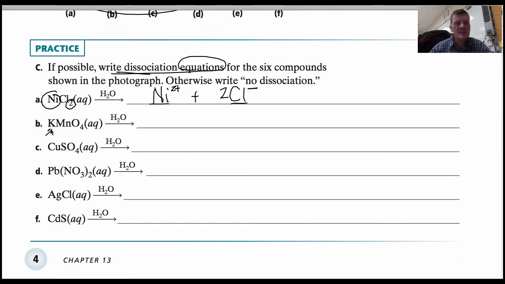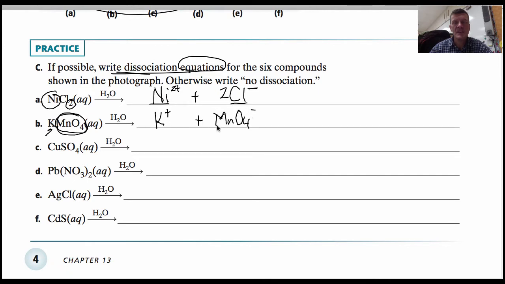Here, this is potassium, and then this guy, MnO4, is a polyatomic ion, manganate. And notice, potassium, you would have to know that is in the first column, so it's always going to form a +1 charge ion, and then that must mean this polyatomic ion, manganate, forms a -1.